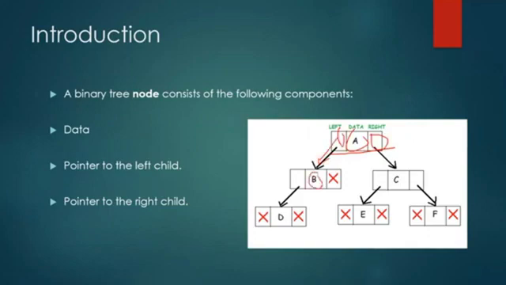The same repeating condition applies here: data, a pointer to the left child, and a pointer to the right child. As we can see, there is no right child for this child. We have only a left child. It has only one box, and this is a leaf node. The same goes with this, but these have right and left pointers.